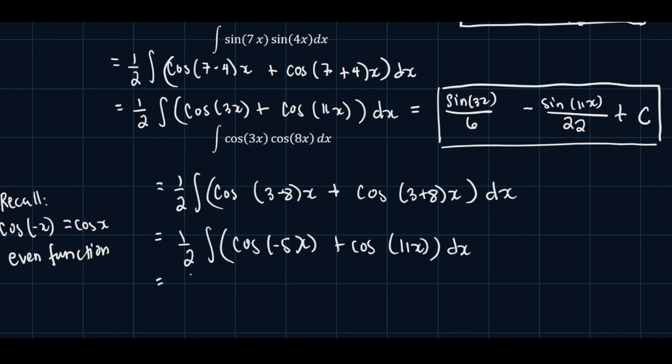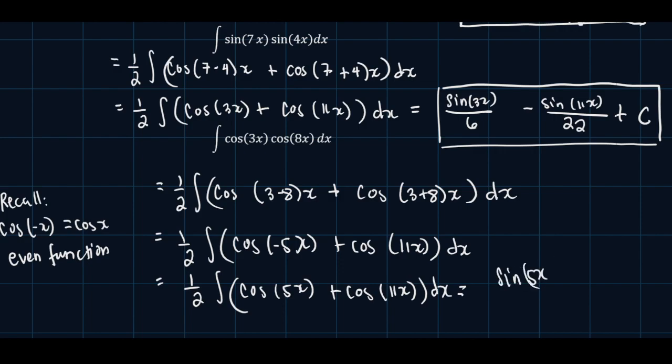So, we are able to rewrite this as half of the integral ng cosine 5x plus cosine 11x dx. And again, apply the necessary steps and substitution to get our answer as sine 5x over 10 plus sine 11x over 22 plus c.